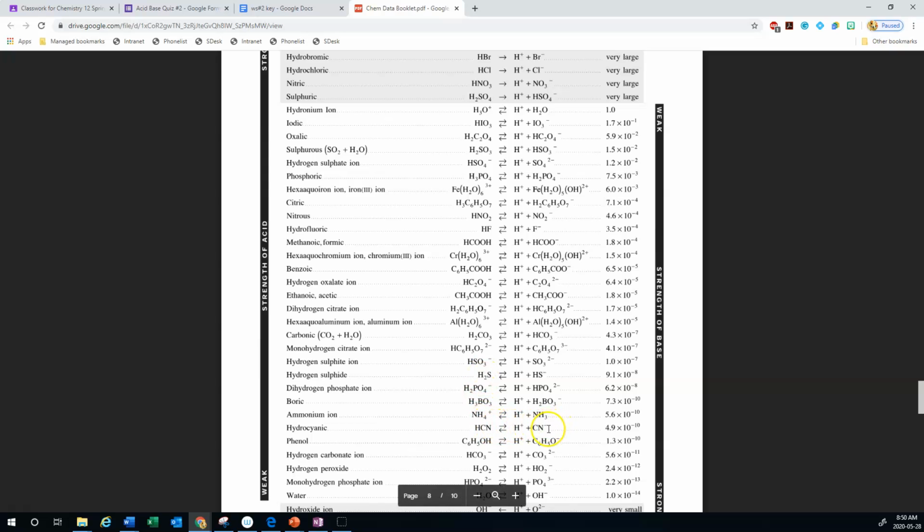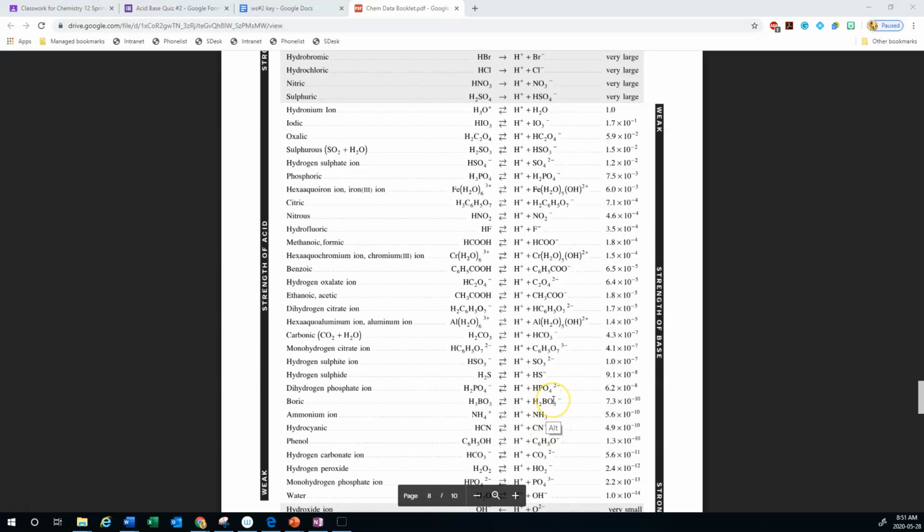If we look on the base side, however, further down is the stronger bases. So H2S is a stronger acid than HCN, but HS- is a weaker base than CN-. So we can see thus that our strongest base must be the CN-.